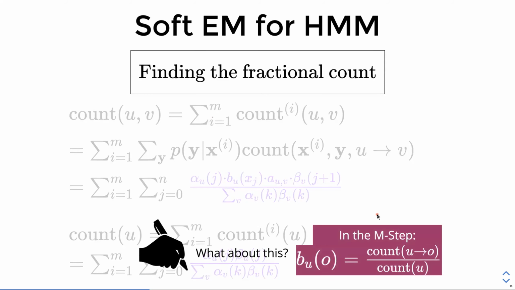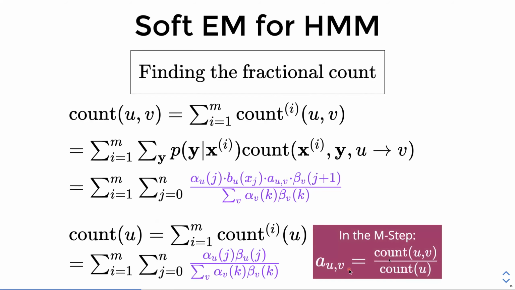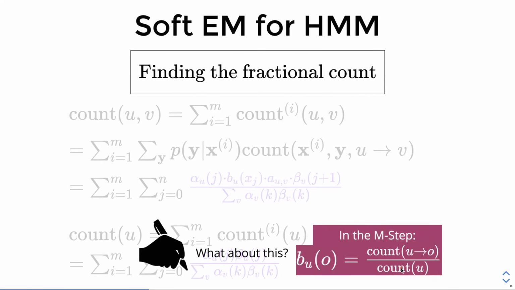But there's one more thing. We haven't talked about this count. We talked about this count, which is exactly this count, but what about this count? This is something that I hope you can figure out.